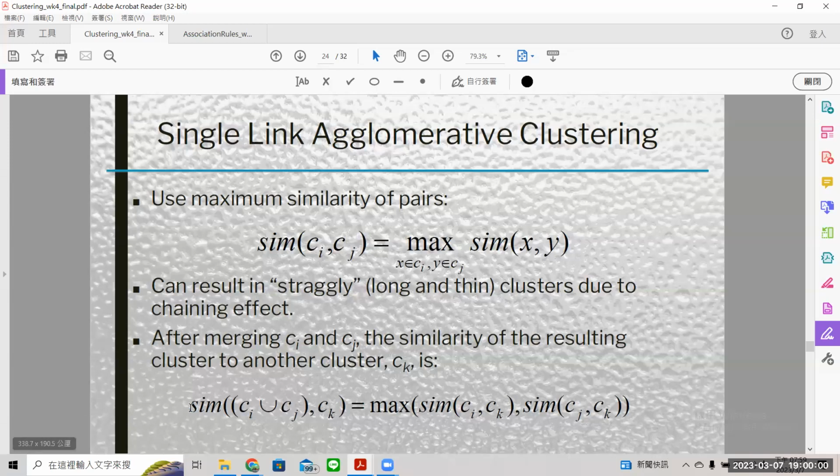This is the mathematical formulation defining agglomerative clustering with single link. This is the computation.